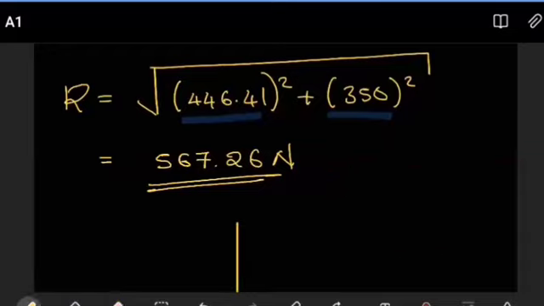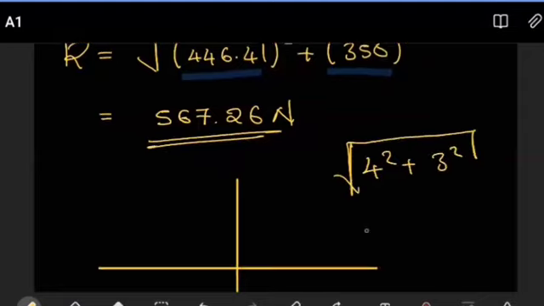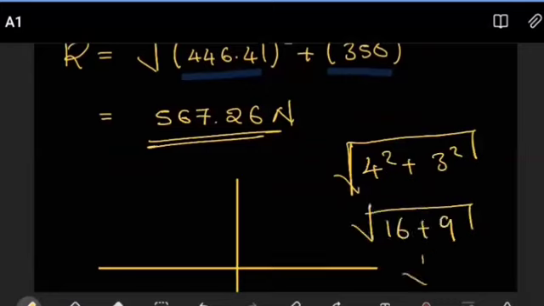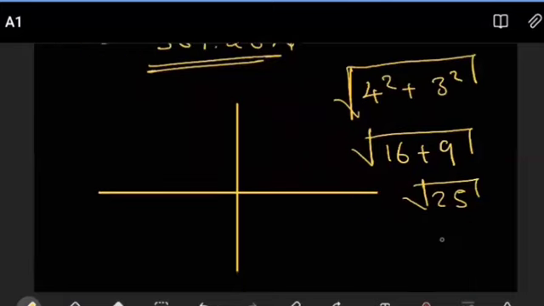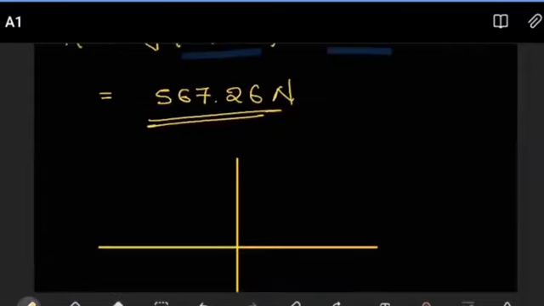A good example is 4 squared plus 3 squared. The answer can't be less than 4 or less than 3. So this is 16 plus 9, which is 25. And we see that we get a number greater than both of them. So that's why perhaps this is correct.